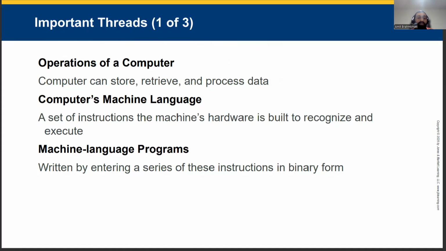Third, a machine language program consists of entering sequences of these instructions in binary form. This summary highlights the low-level foundation on which all software is built. Understanding these ideas allows you to appreciate how higher-level abstractions ultimately depend on precise hardware-level operations.